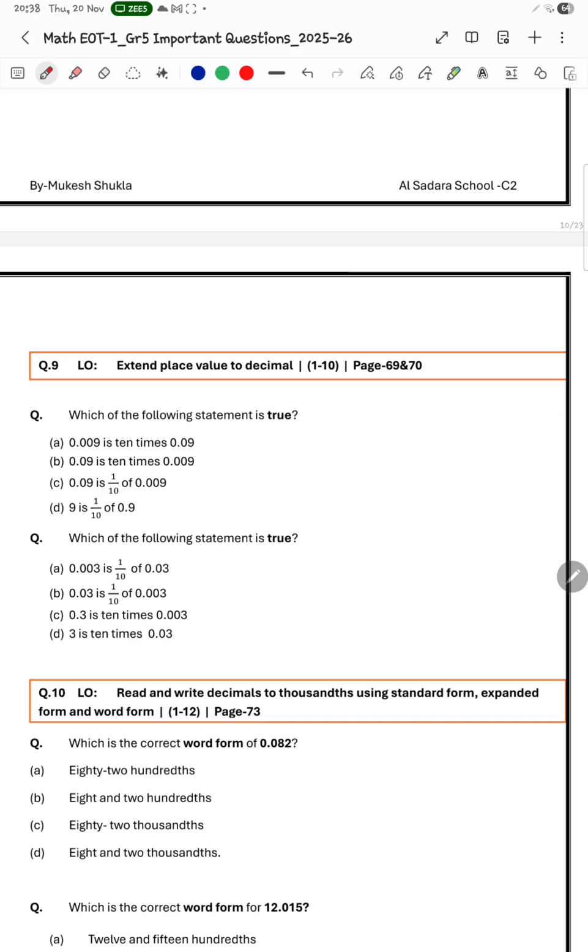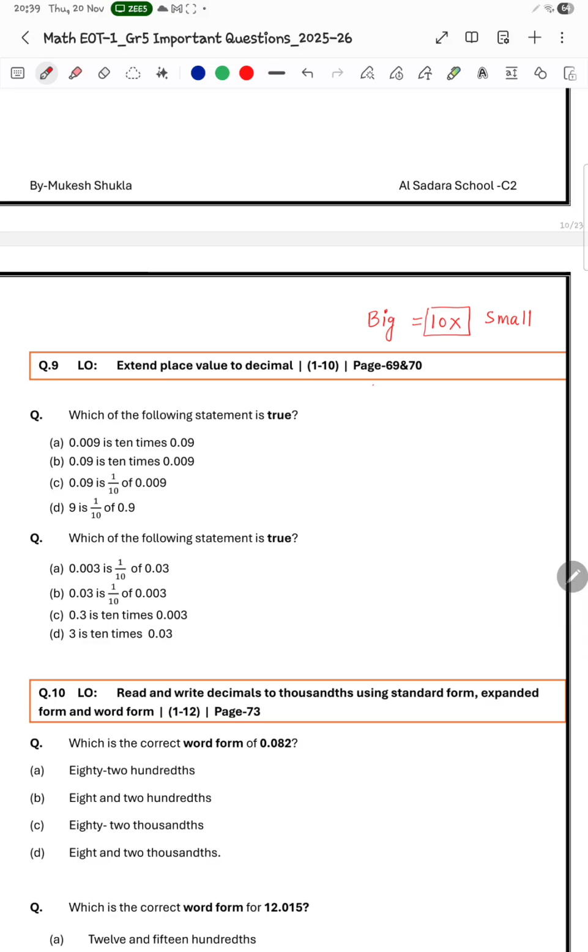Okay, so now this question is based on extending place value to the decimal part. For this, we need to understand one important rule. This is very important. The rule says if we have a big number on the left side and the small number on the right side, then I will use 10 times.